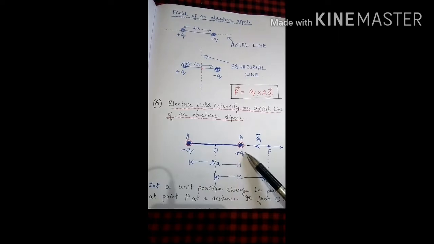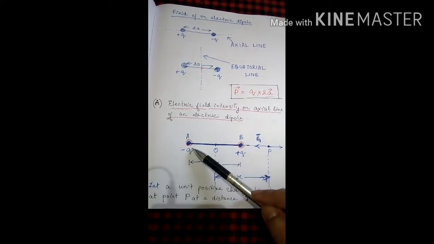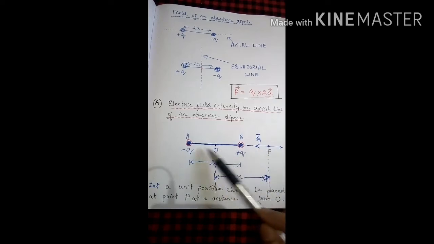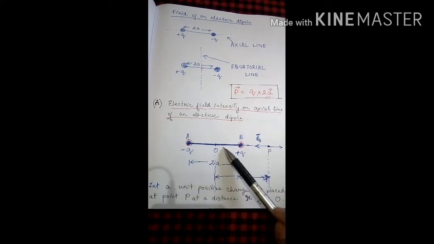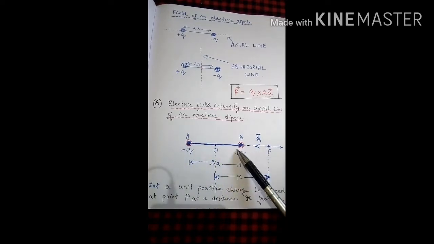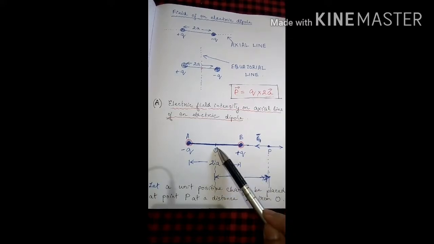The plus q charge is at the point B while the minus q charge is at the point A. We consider a point P which is on the axial line of this electric dipole AB. The separation between the charges is twice a, and we consider the point P to be at a distance r from O, where O is the midpoint of the dipole.